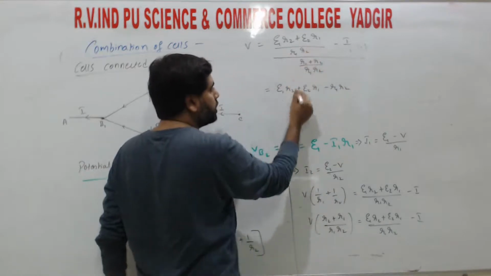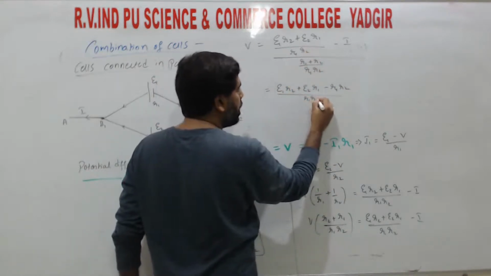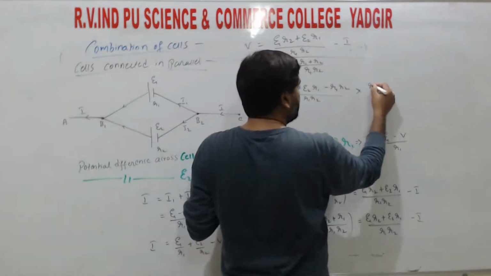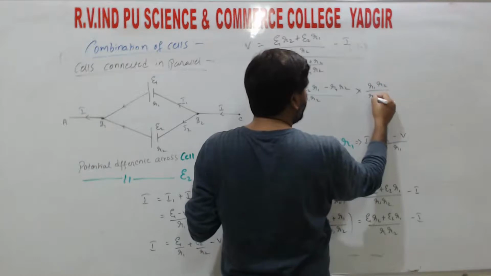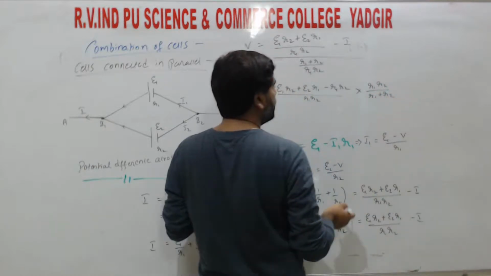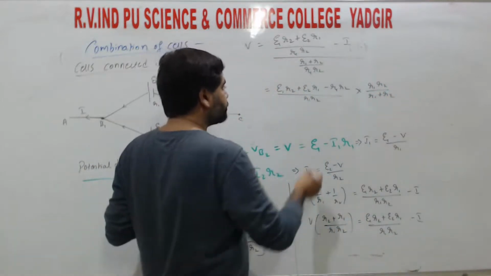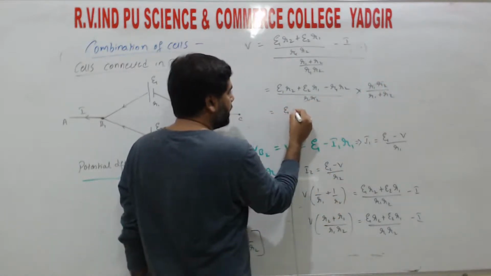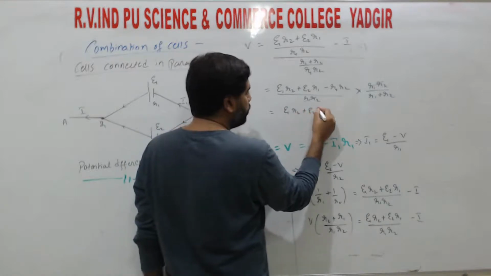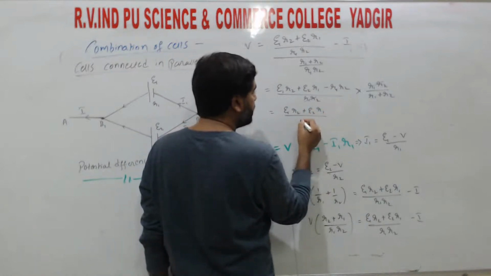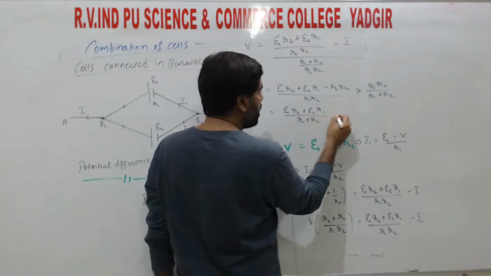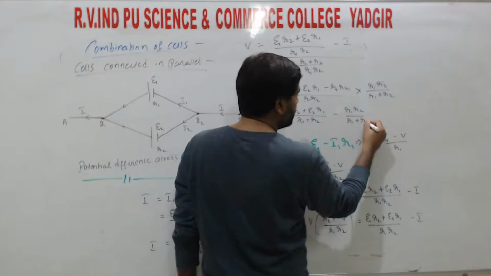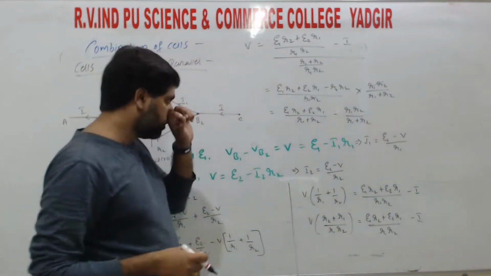This denominator R1 R2 goes to the numerator from the reciprocal, that is R1 R2 divided by R1 plus R2. So R1 R2 and R1 R2 get cancelled. So we get E1 R2 plus E2 R1 divided by R1 plus R2 minus I R1 R2 divided by R1 plus R2.